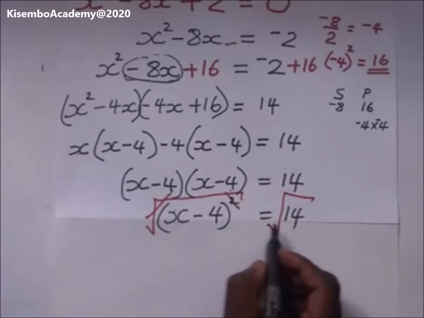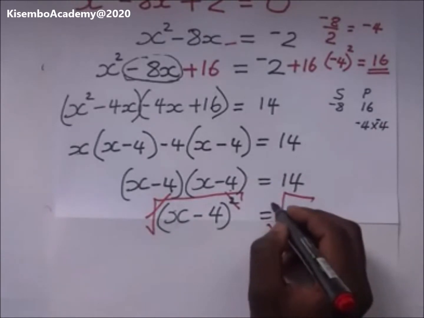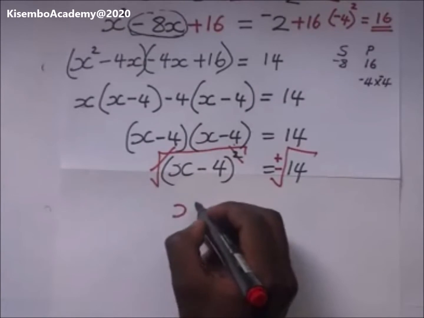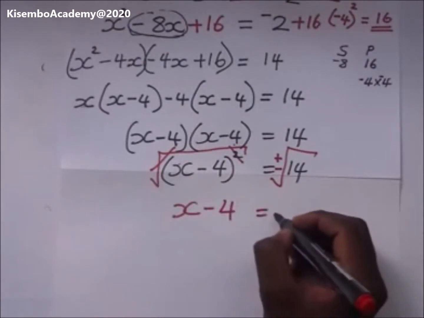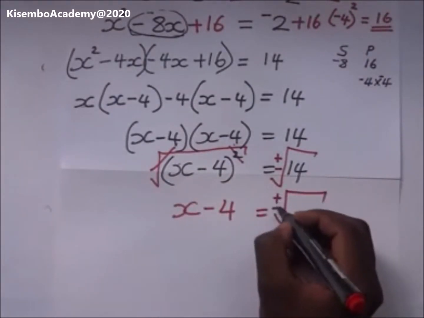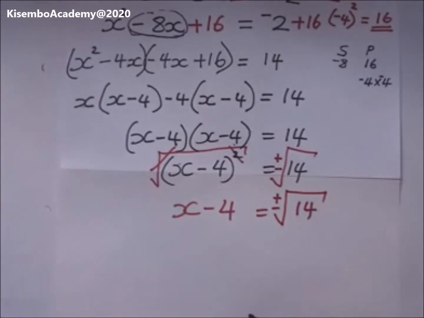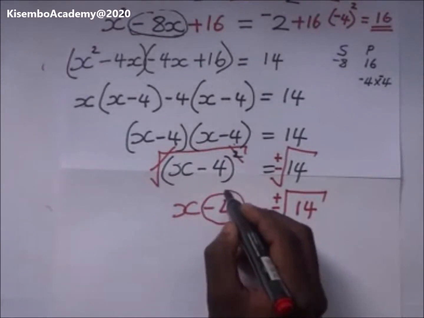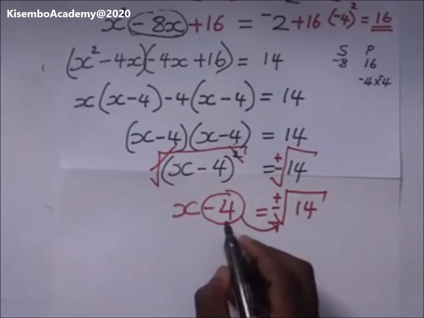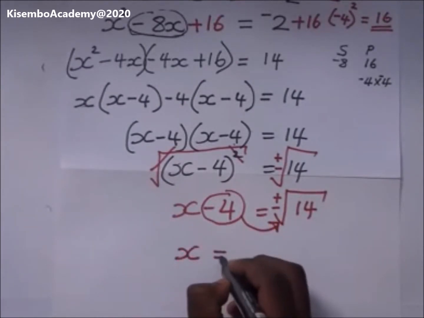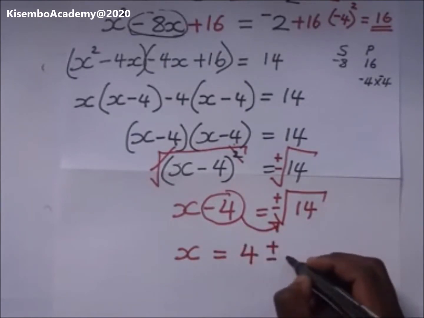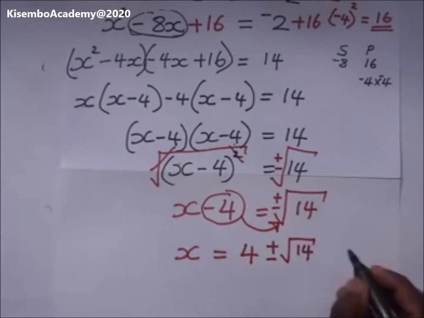Of course, x minus 4 is going to be equal to the square root of 14, which is either positive or negative. So this has to come to that side, and you remain with the value of x becoming positive 4 plus or minus the square root of 14.